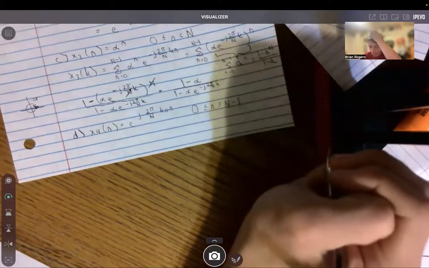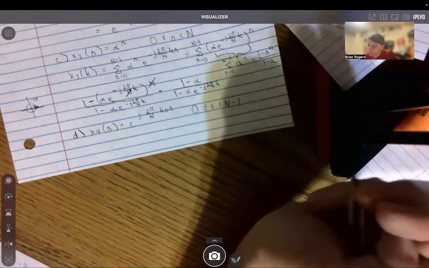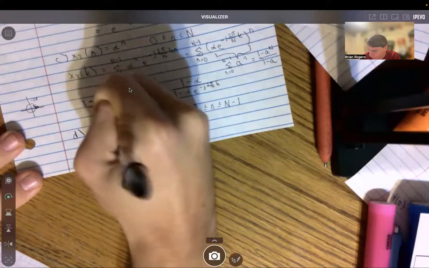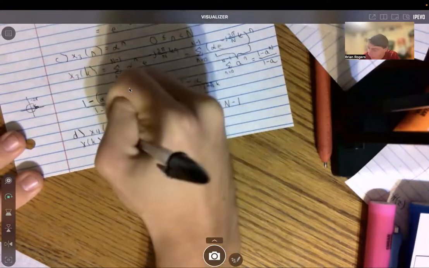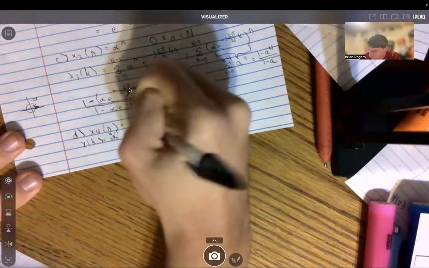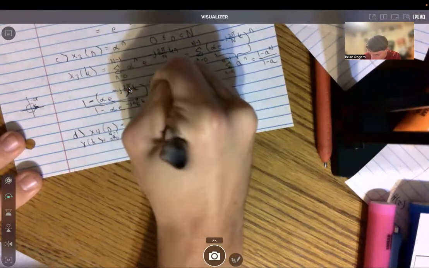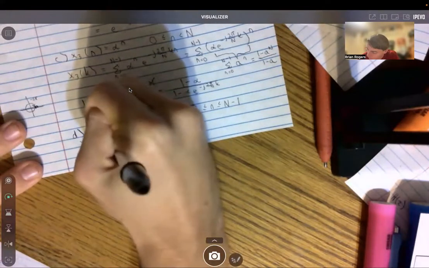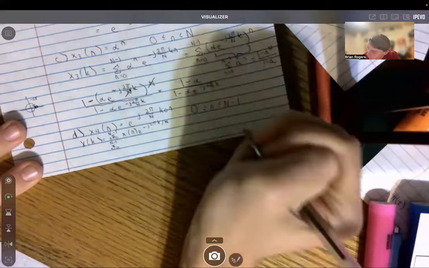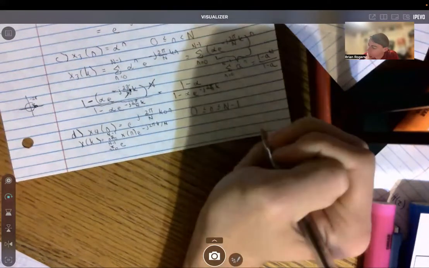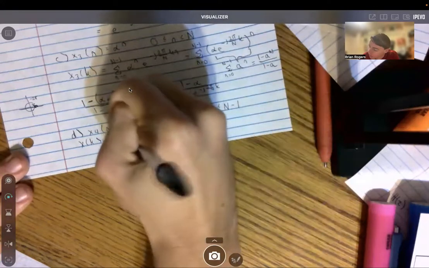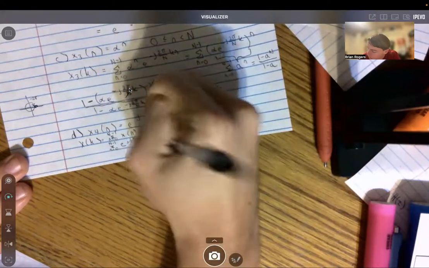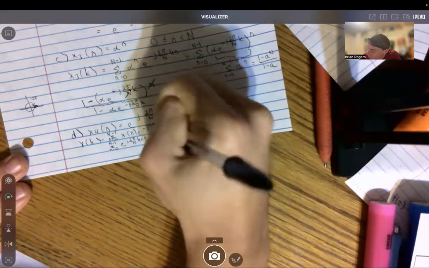So what we're going to do is, when we write our X of k, it's going to equal the summation from n equals 0 to N minus 1 of x of n e to the negative j 2 pi k n all over capital N. Substituting in for x of n, it's going to be e to the j 2 pi k0 n times e to negative j 2 pi k n all over N.